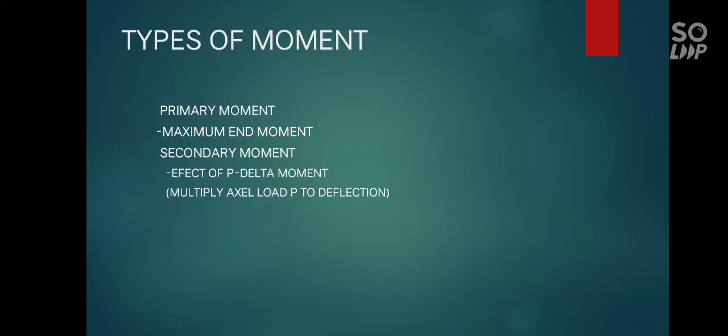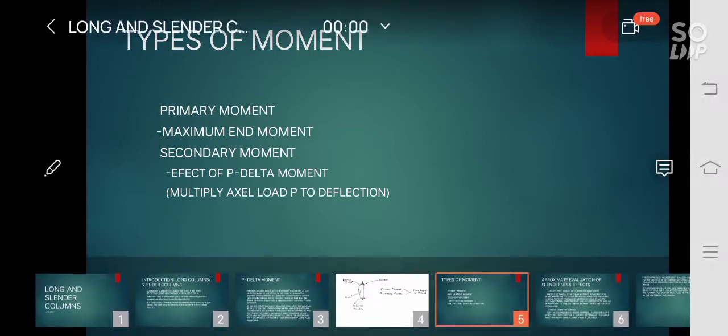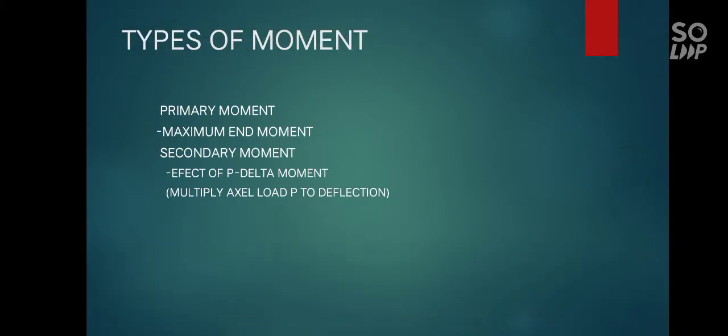Kuwangan diri F ning effect, wrong ang mga spelling ani, pagpasensya. So para makuha nato ang P delta, ang effect sa P delta moment, atong axial load P, atong multiply diri sa deflection.